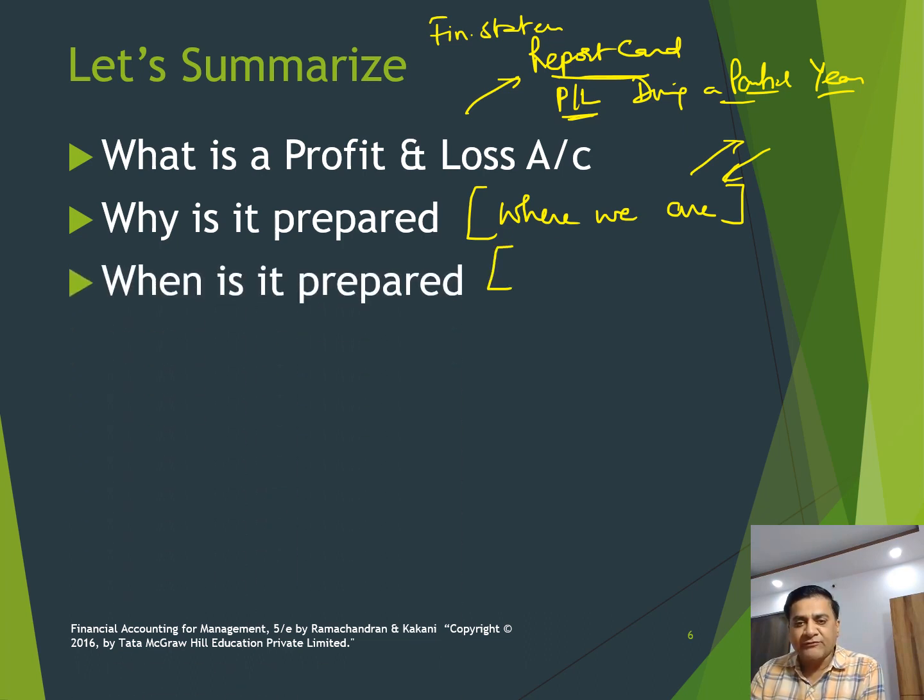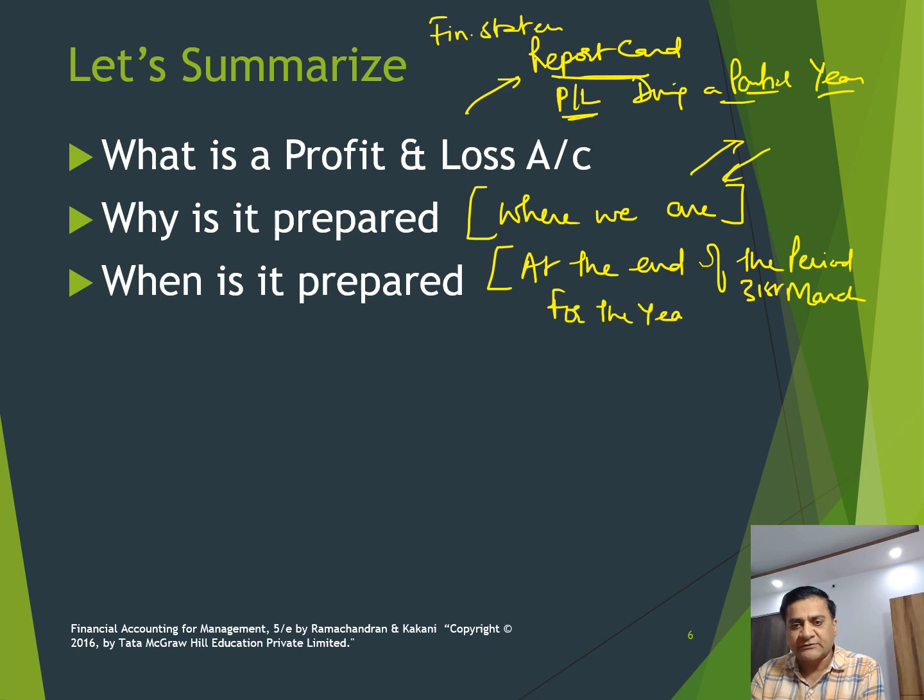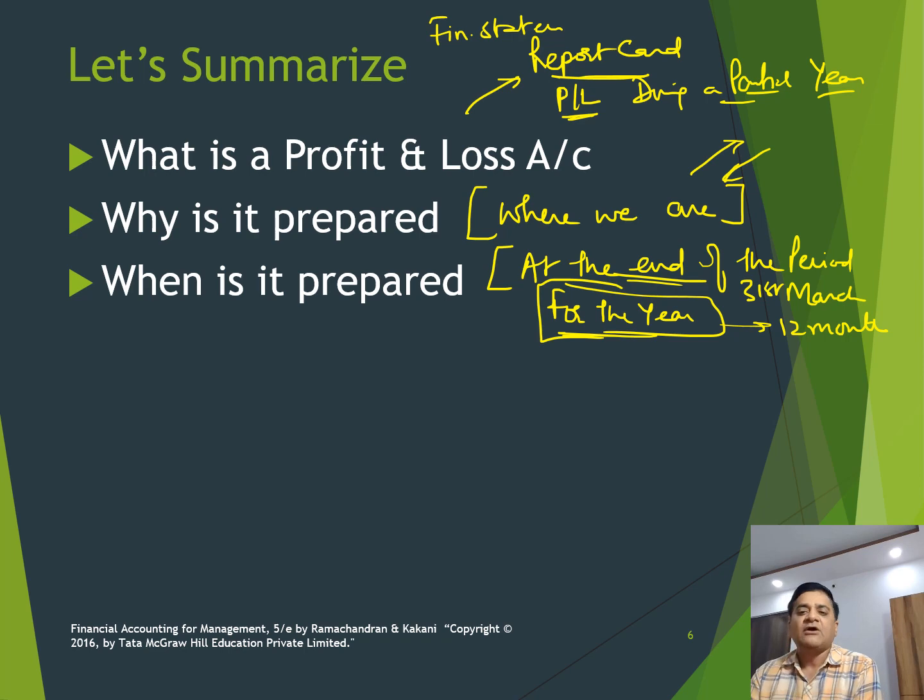At the end of the year, generally on 31st of March. But it is prepared for the whole year, which means a period of 12 months is taken into consideration while preparing the income statement or the profit and loss statement.